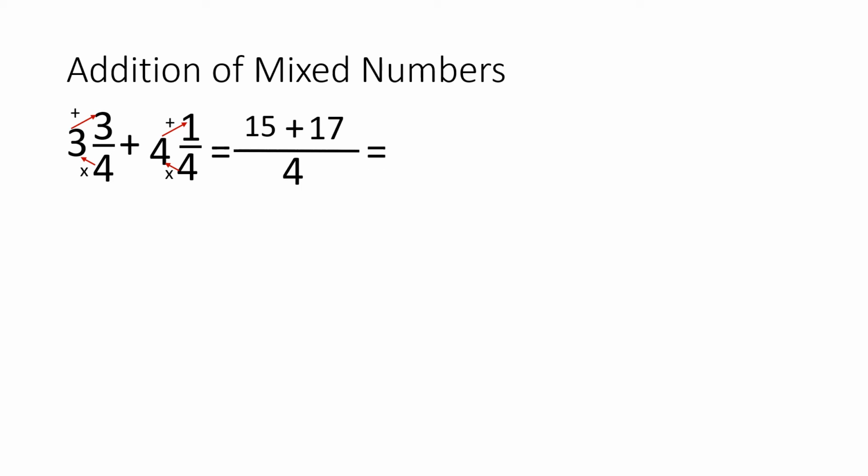Now, we can add the fractions. Copy the denominator 4. Then add the numerators. 15 plus 17 equals 32. So 32/4 is our answer.